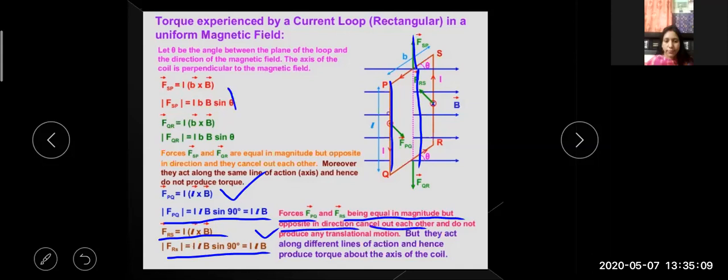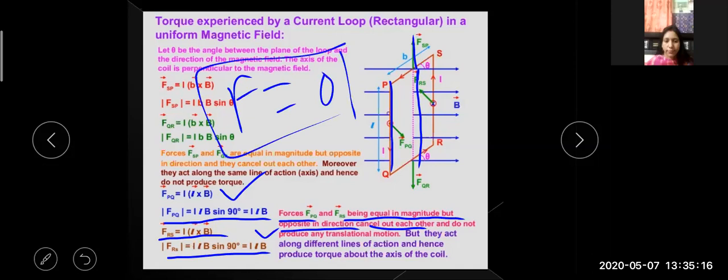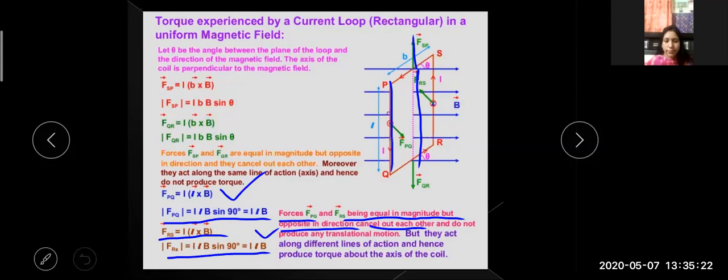The net force is zero. But they act along different lines of action. The force on PQ is in this direction and the force on RS is in this direction, right? So these two forces act along different lines of action and hence produce torque about the axis of the coil.